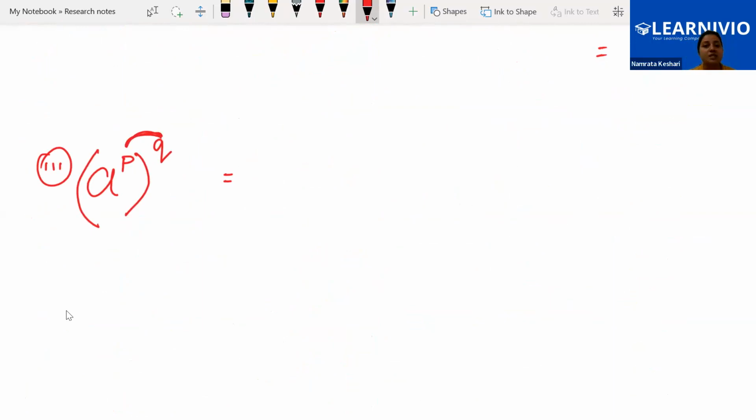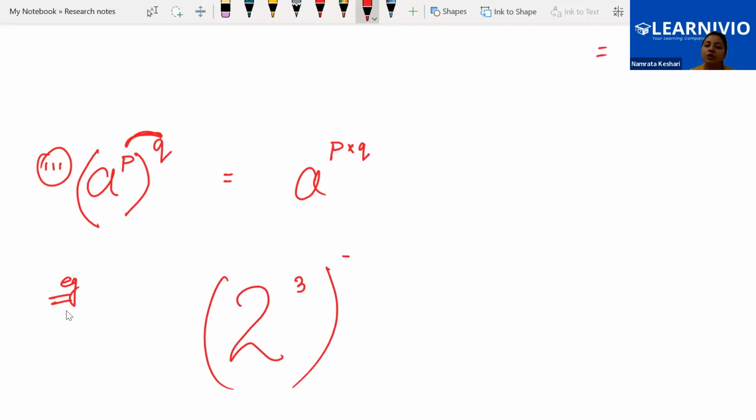If the same base has two different exponents, then we multiply the exponents, so it will become p into q. Let's take one example: 2 to the power 3, and then one more exponent, let's say 2. Then we have to multiply the exponents.